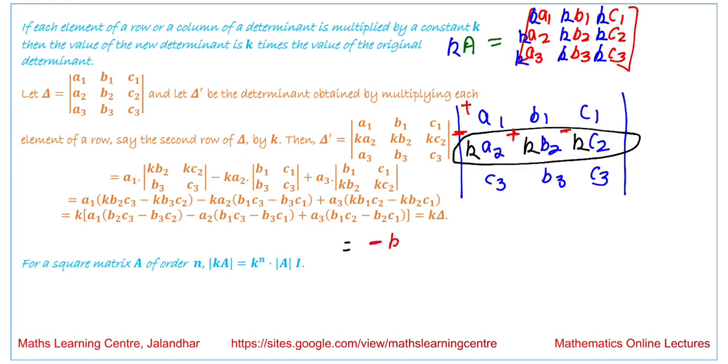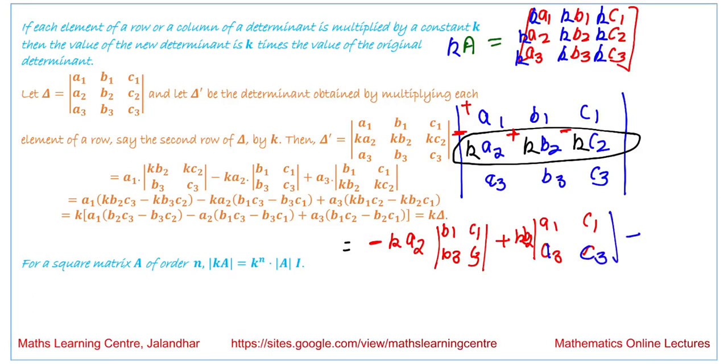So it is minus K A2 times the minor with B1 C1, B3 C3, then plus K B2 times the minor with A1 C1, A3 C3, and last it is minus K times C2 times the determinant A1 B1, A3 B3.